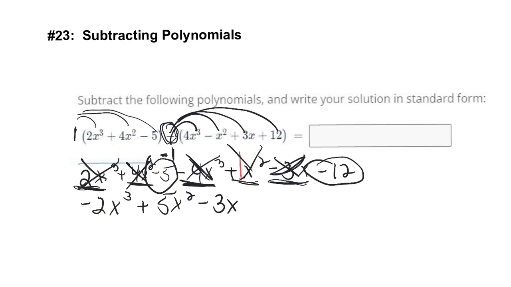If I take -5 and subtract 12, I get a -17. So my final answer here would be -2x cubed plus 5x squared minus 3x minus 17.